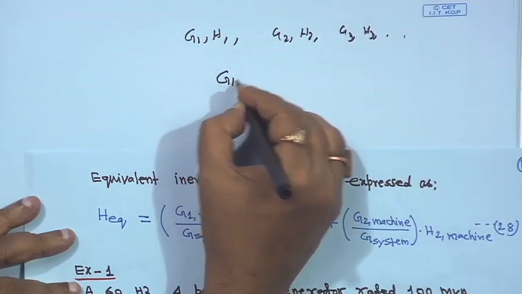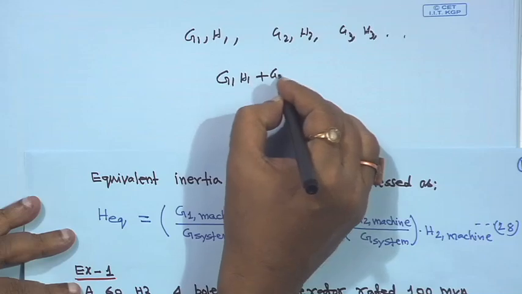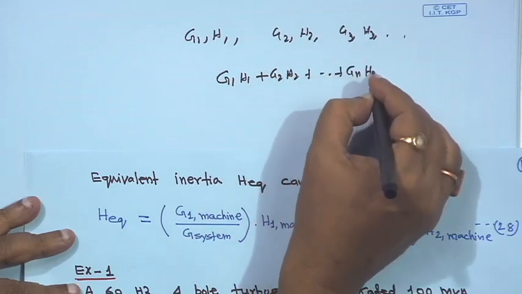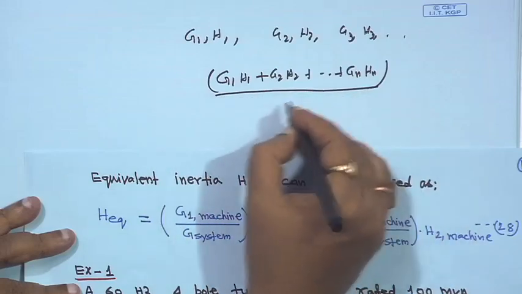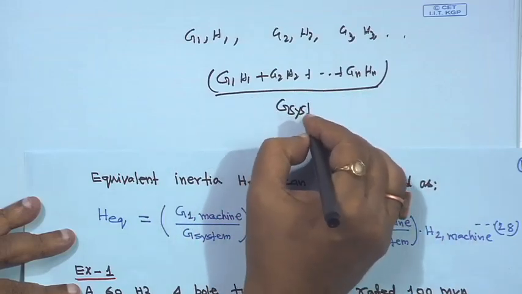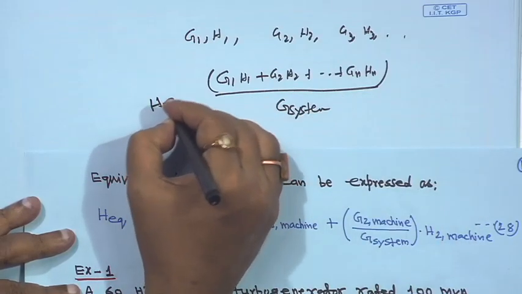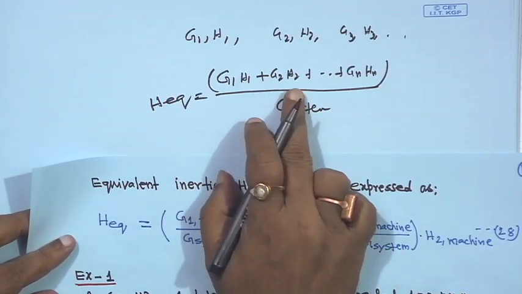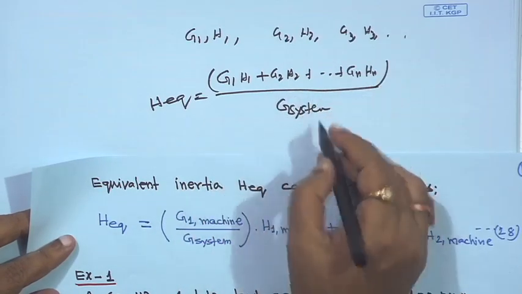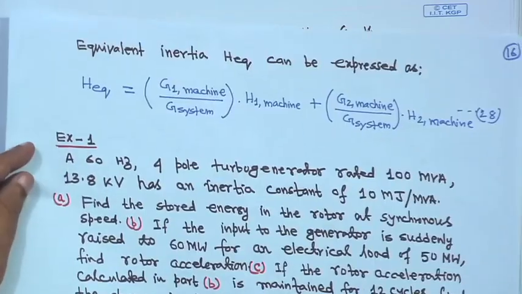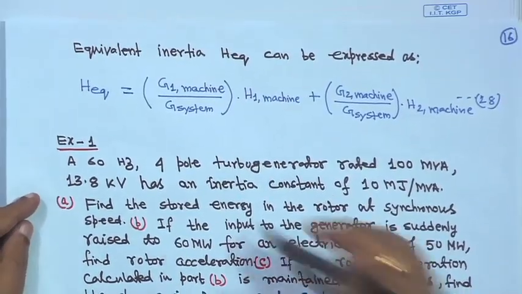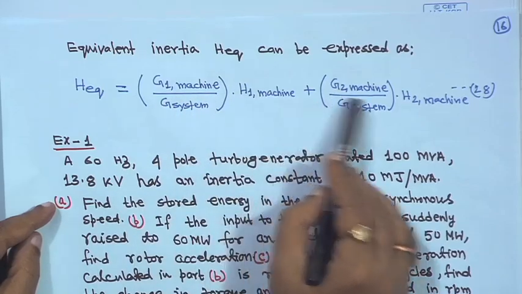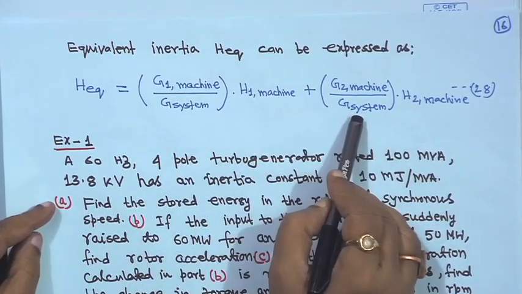Then G1 H1 plus G2 H2 plus, make it general, Gn Hn divided by your system base G system, and that is actually H_eq. So, H_eq is G1 H1 plus G2 H2 up to Gn Hn divided by G system. Similarly here also you can write G1 H1 plus G2 H2 divided by the G system.